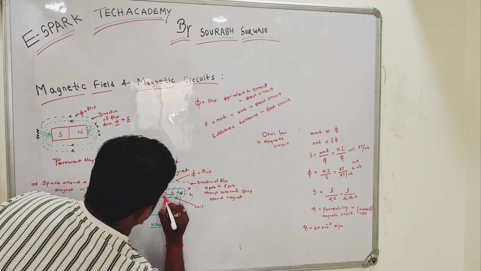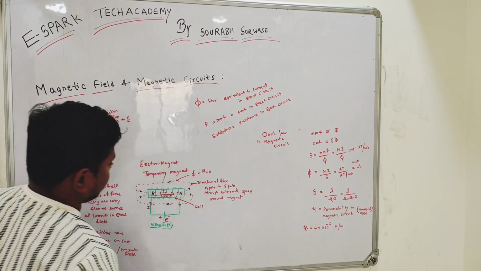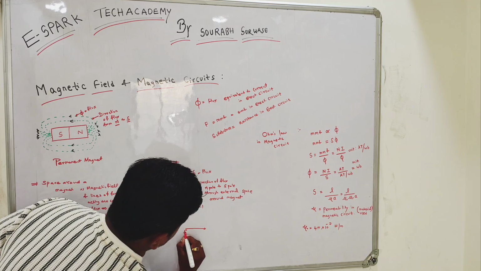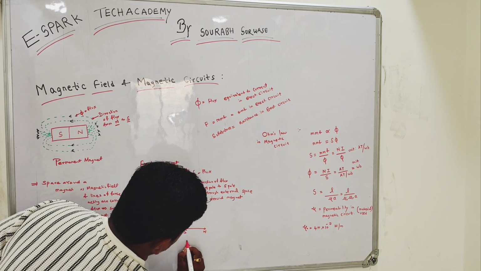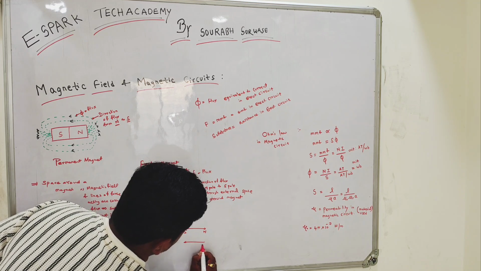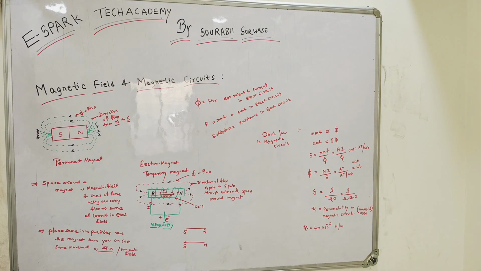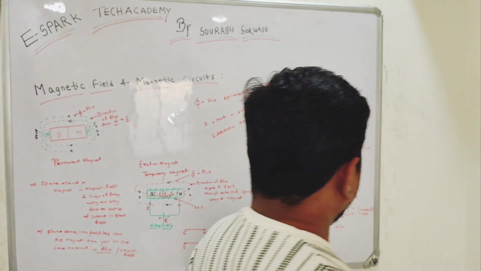Internally current flows from S to N and magnetic field flows from N to S. This is a very important concept to understand the magnetic field.